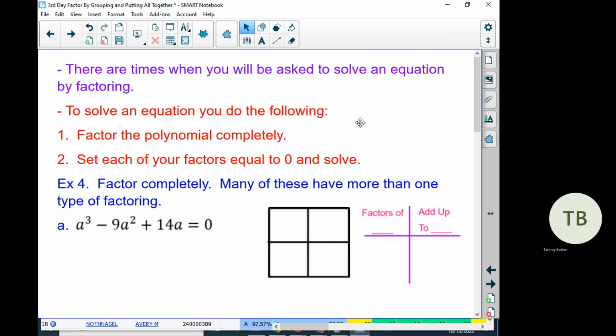So again, you don't have to do 17 through 20, okay? It is up here on the podium.